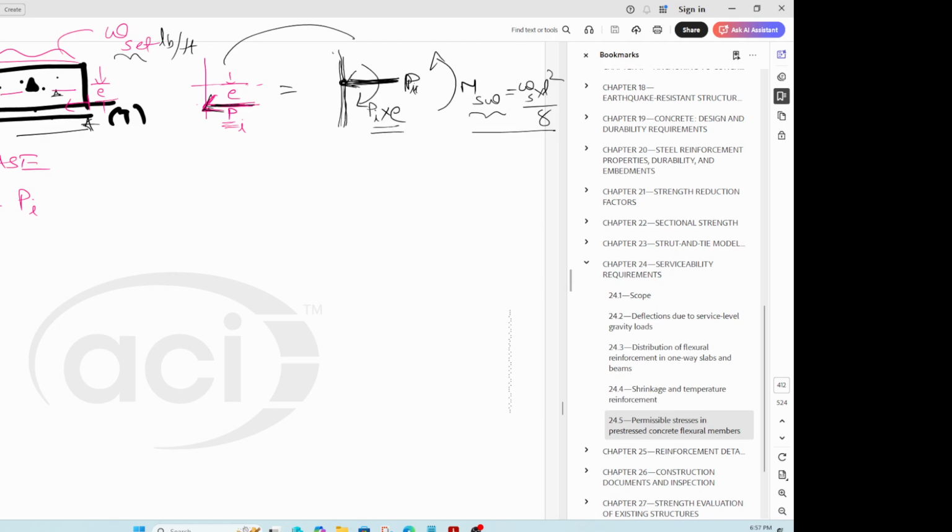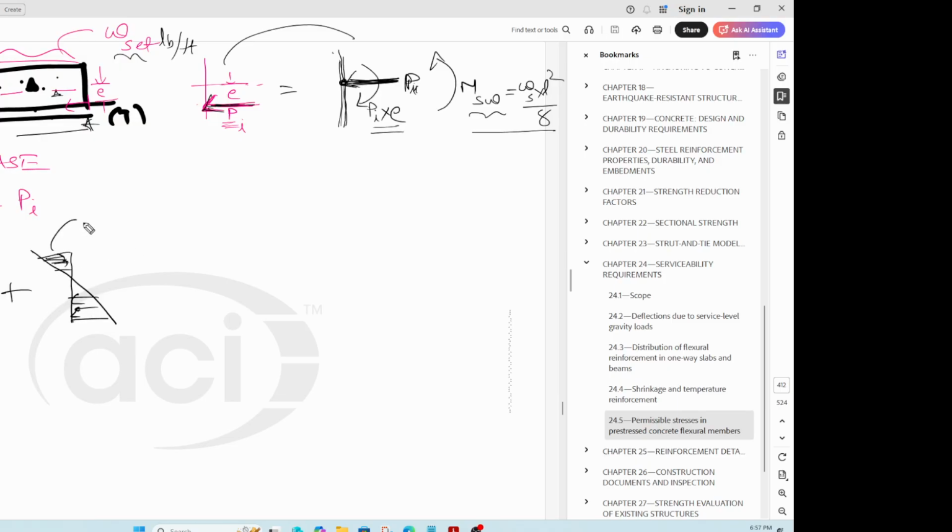So the compressive stress is just P initial by A gross, right? Then you add the effect of this P e. This P e is a clockwise moment and it is trying to compress the bottom layer and stretch the top layer. So compressive force here, tension force here.